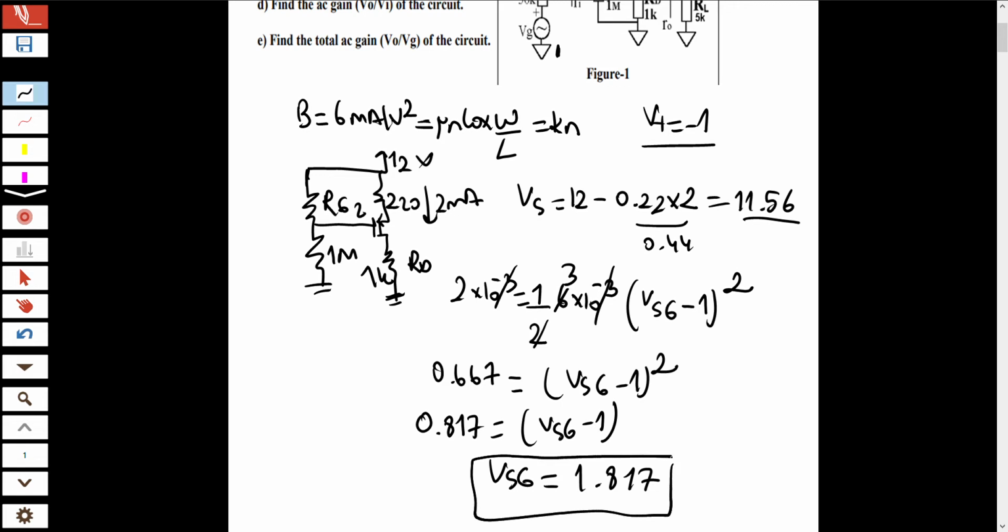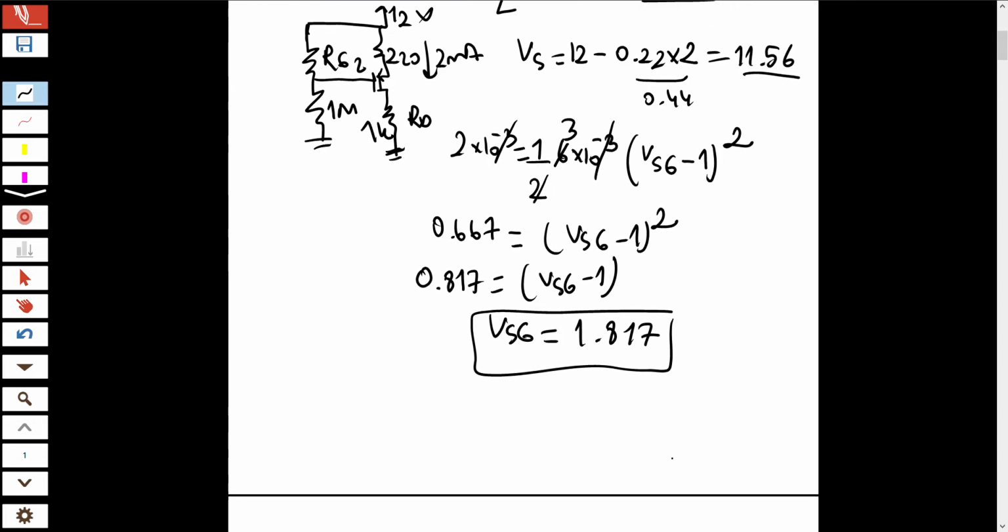And if I know V source, I can find V gate. V source equals 11.56 minus V gate equals 1.817. If I subtract 1.817, V gate equals 9.843.